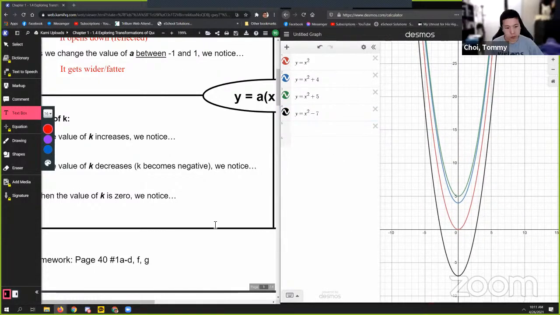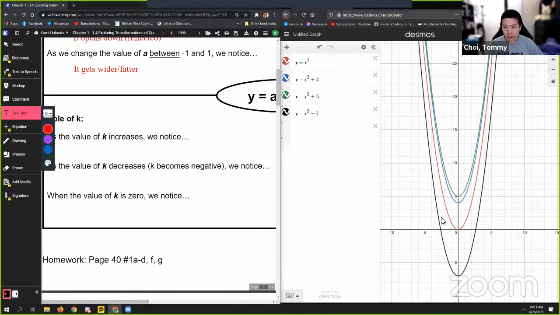Okay. So once again, red is our original function. Blue, green, and black are the changed ones. You can see the equations on the left side. What do you think k does? If k is positive, so positive 4 and positive 5, the blue and green, what happens?